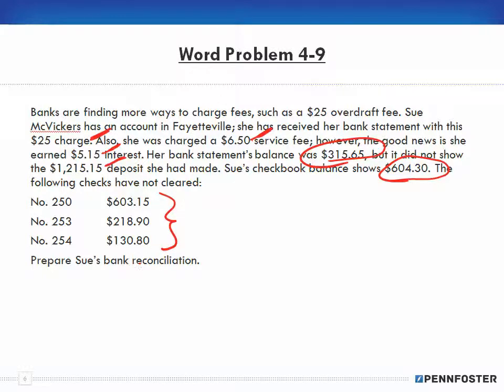Okay, so what that means is that this charge, the service fee, and the interest will all go on her checkbook. The deposit and these outstanding checks will go on the bank statement. So let's draw that out real quick.